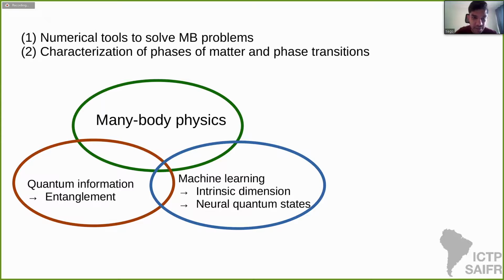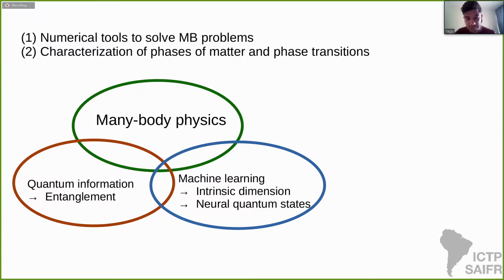The key aspect is that I use concepts at the intersection between many-body physics and quantum information, or many-body physics and machine learning. I use concepts like entanglement, and, in the context of machine learning, the concept of intrinsic dimension and neural quantum states.